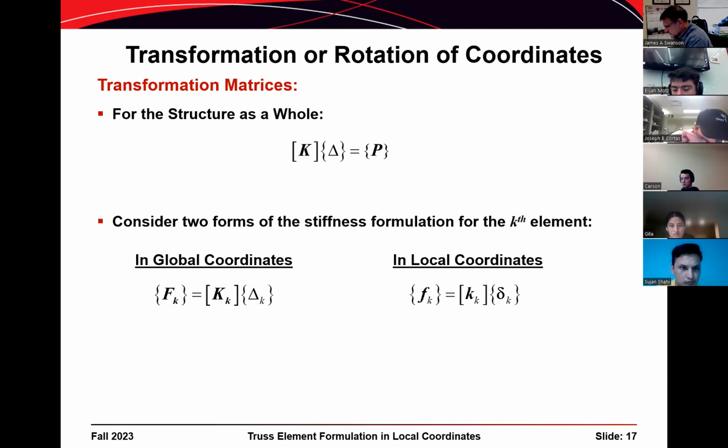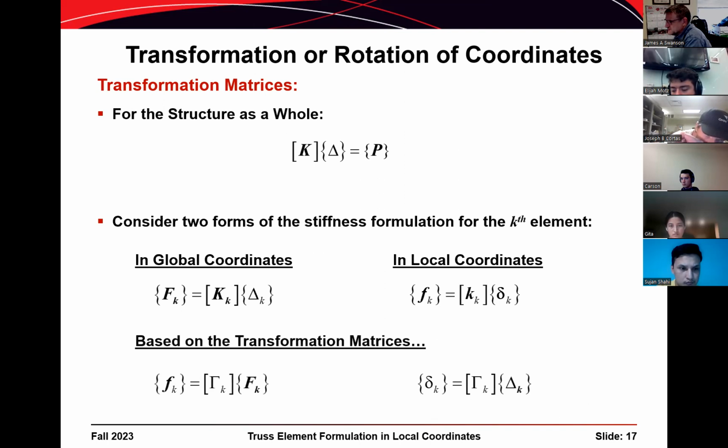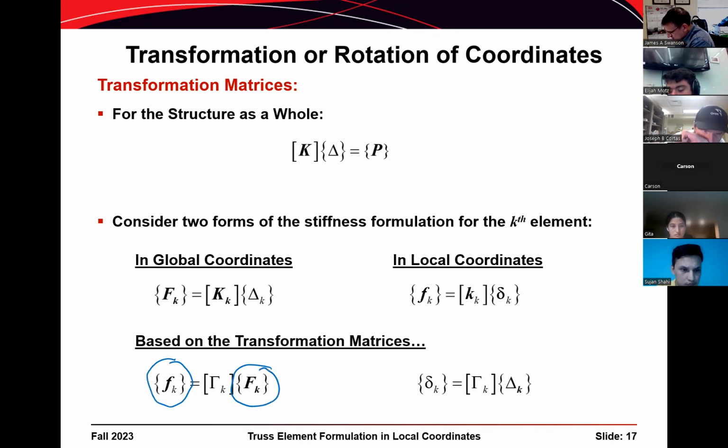And so we can go through a process of substitution, where we can write that the end actions are equal to the rotation matrix times the end actions, except in this case, we have the end actions in local coordinates, and here are the end actions in global coordinates. Here are the end displacements for the degrees of freedom in local coordinates. These are the end displacements in global coordinates.